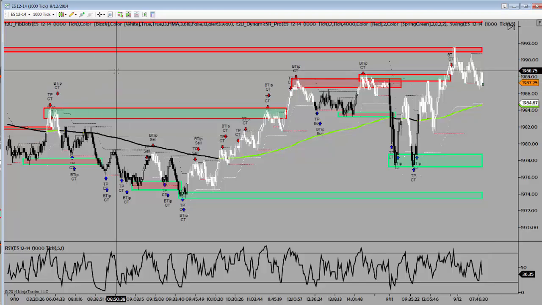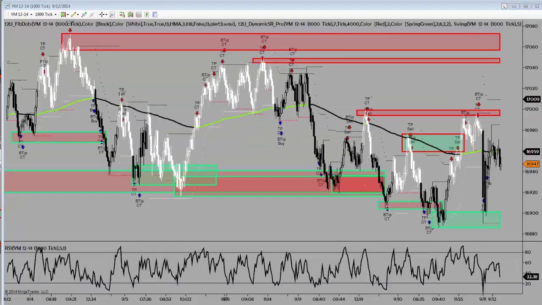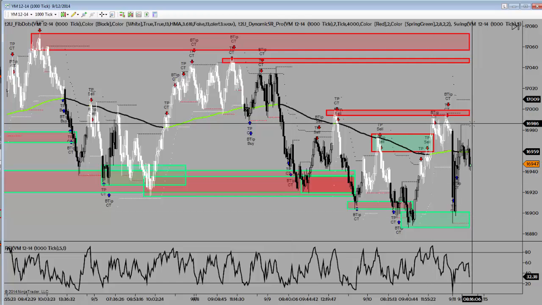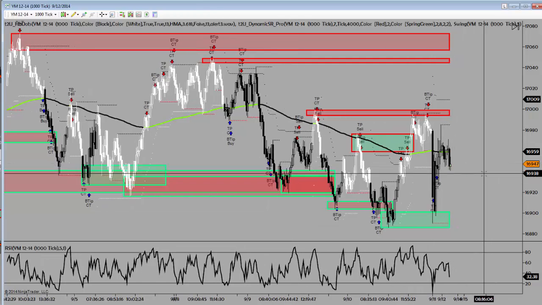Let's take a look at our Dow Jones, YM 12.14. Okay, so diamonds, or the Dow Jones right here, again, very, very solid, and we're hanging out in the middle of this zone.